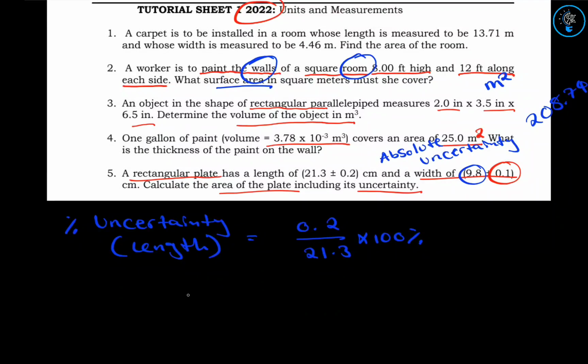Remember, the percentage uncertainty formula is absolute value over central value, times 100%. That gives us 0.939%. Don't forget.